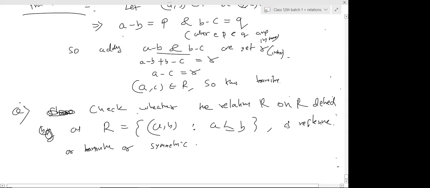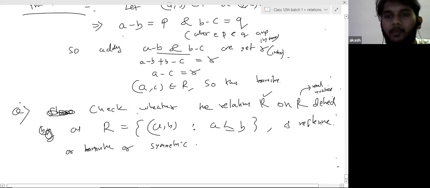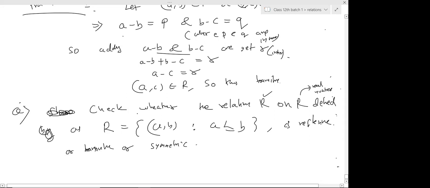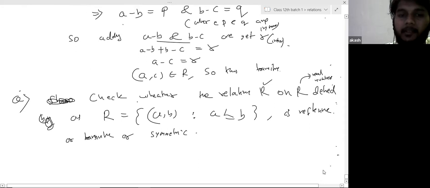There are two R's here. This R means relation R. On R means on real numbers. One is relation, the other is real numbers. Don't be confused. You have to check if this is symmetric, reflexive, or transitive.